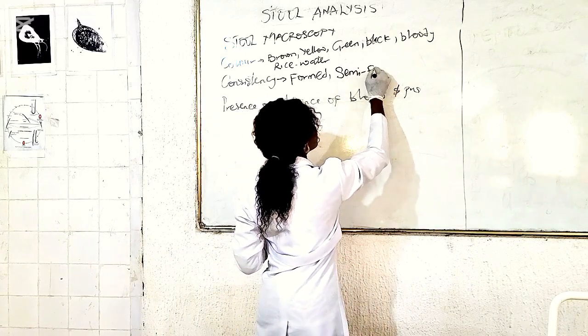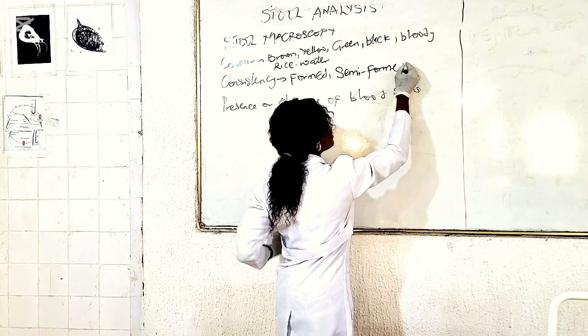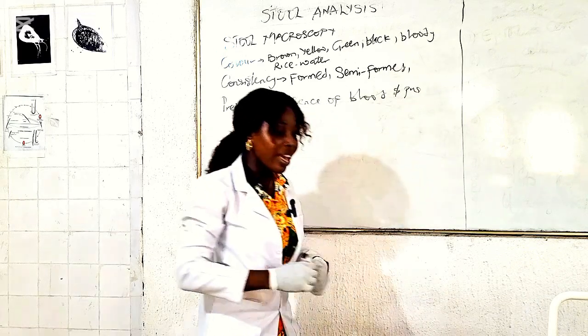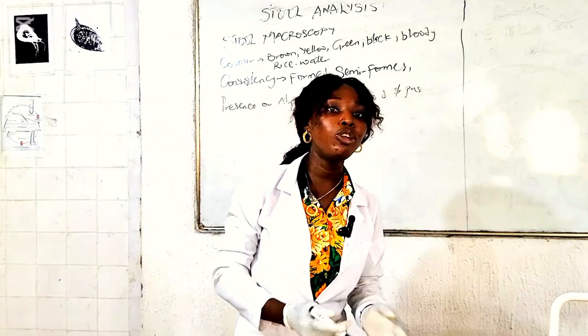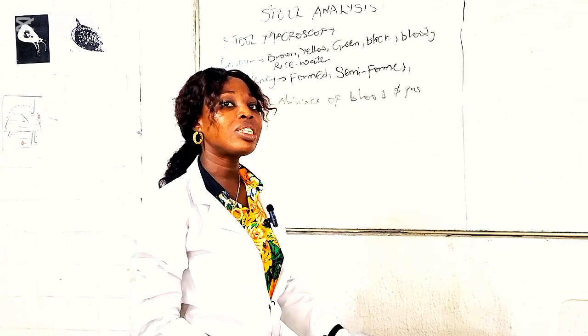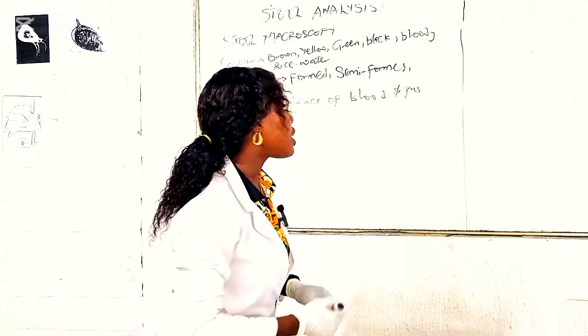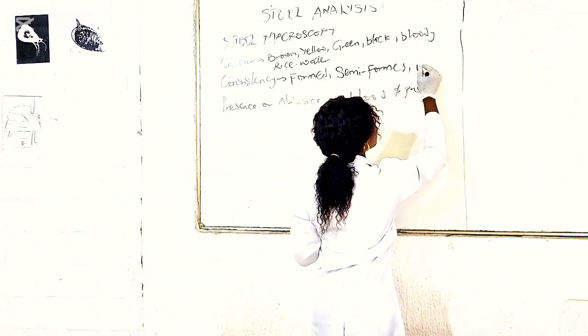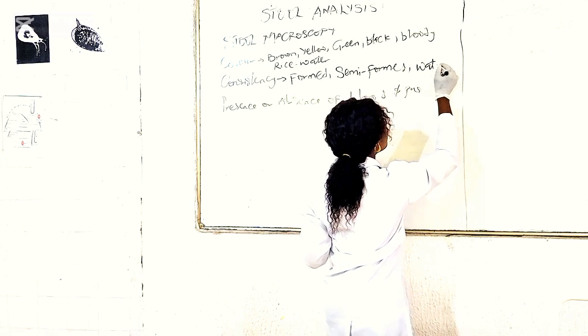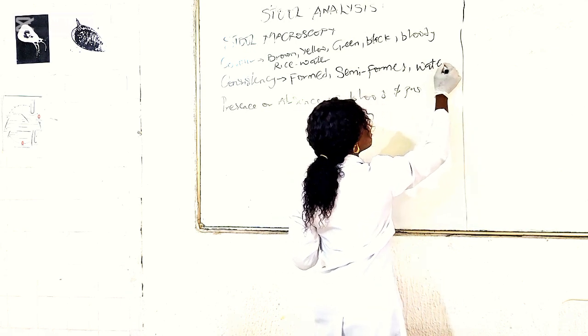It's not so formed, but it's semi-formed. Now, when the stool is very loose, as in the consistency of water, it's said to be watery, especially in case of diarrhea.